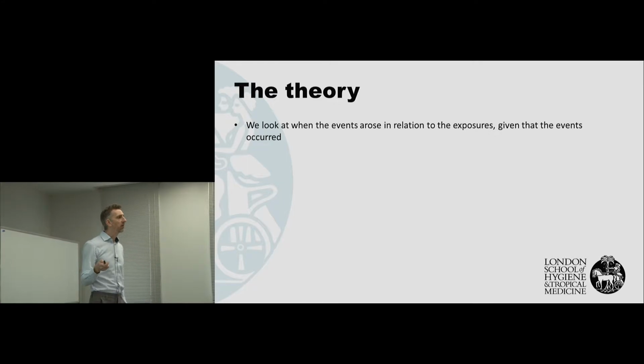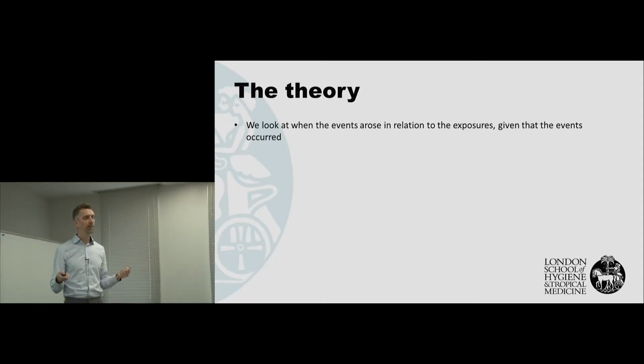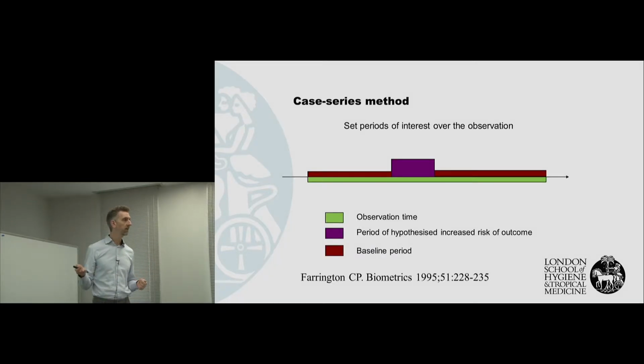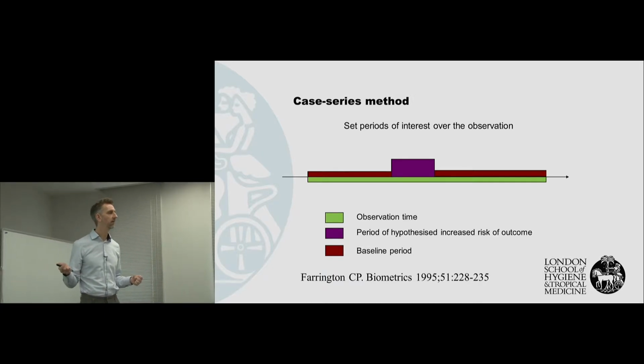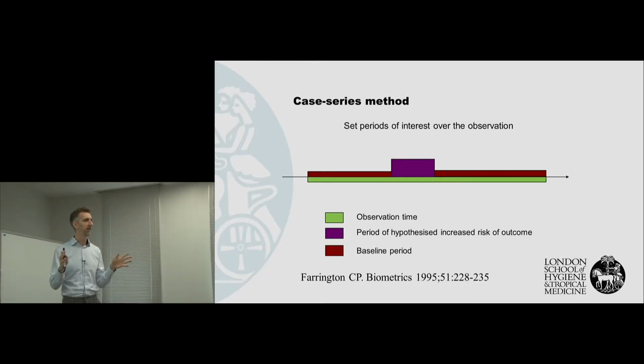What we then do is look at when the outcomes happened relative to the exposures, and the assumption, or the condition, is that the event definitely happened. So everybody in our study will have both the exposure and the outcome that we're interested in. This is a really important point about this study design.